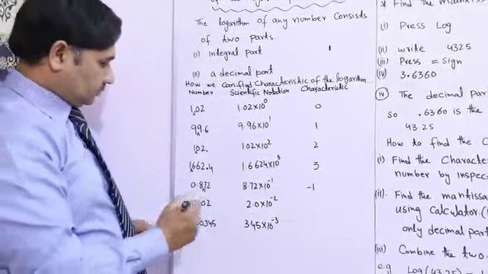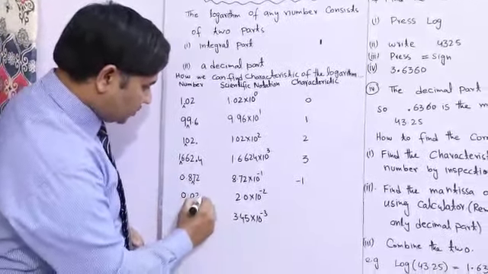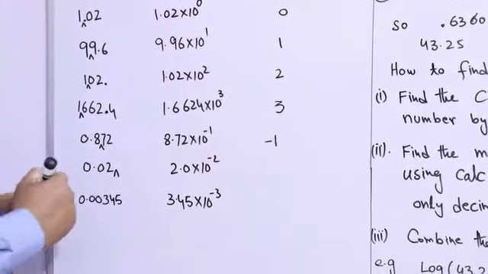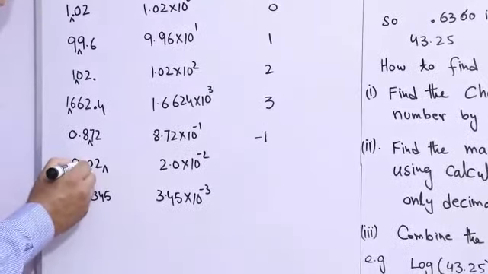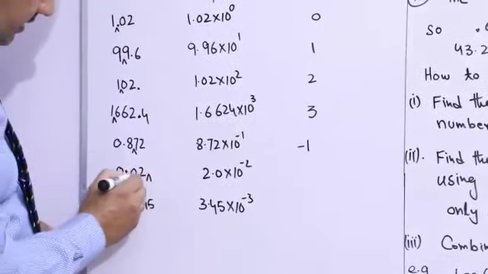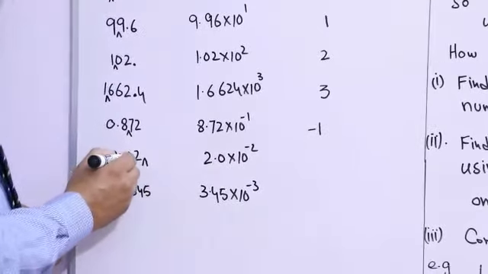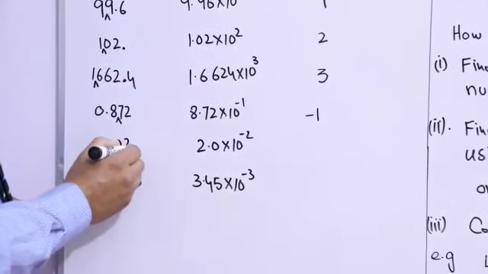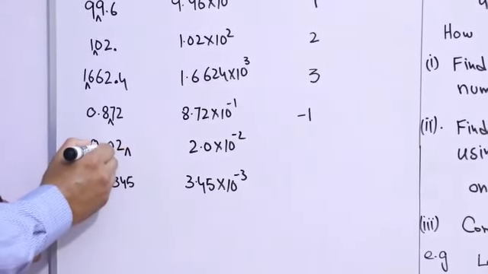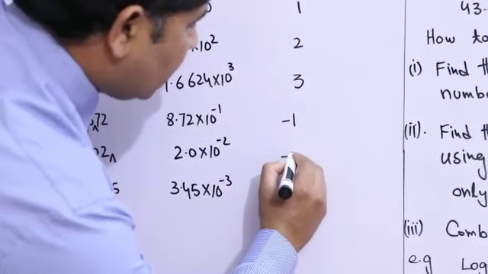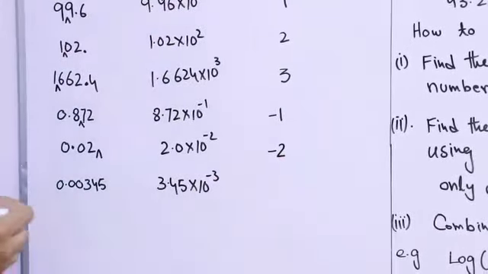Again, here the first non-zero digit is 2 and our decimal point is here, and again this number is less than 1, and there are 2 digits between the reference position and the decimal point, so our characteristic is -2.